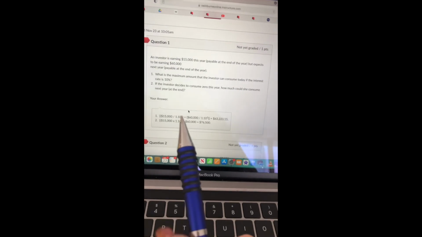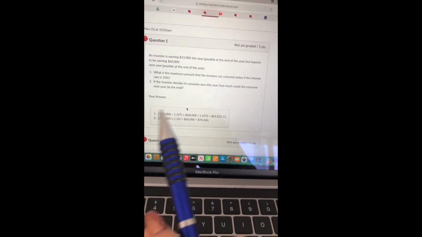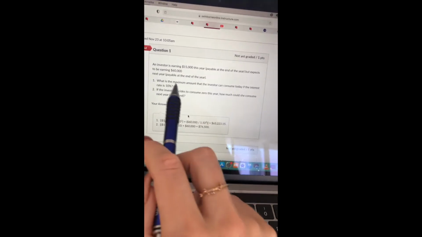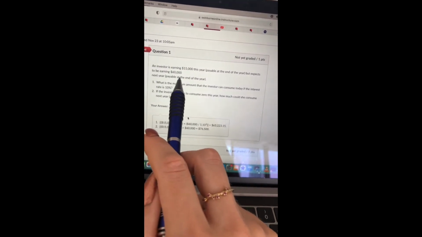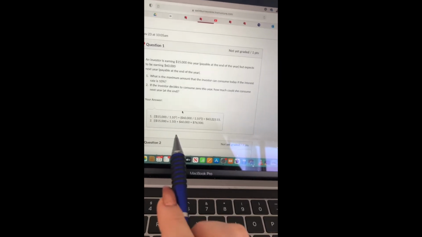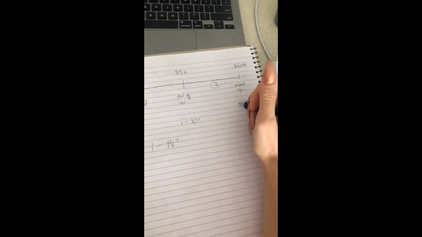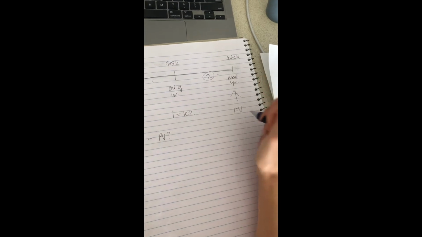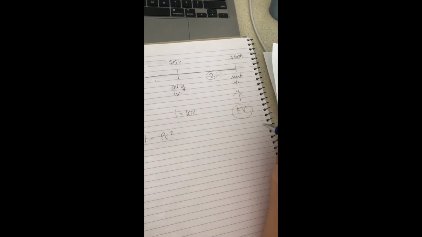Okay, and then the next is doing it in the opposite. So today we're not consuming anything, but what can we consume at the end of next year? So that's the end of when we're getting that 60,000. All it's asking is our future value. If we have a look at our timeline, this $60,000 is already in future value money, so we don't need to do anything to that.